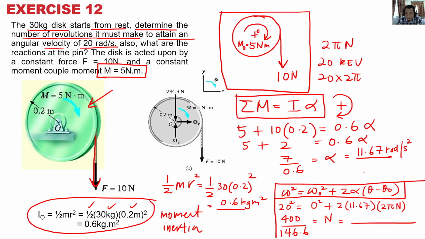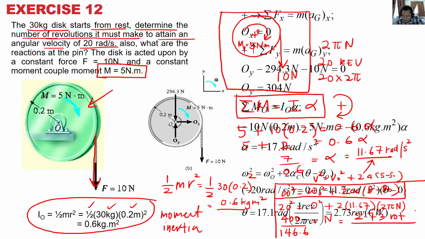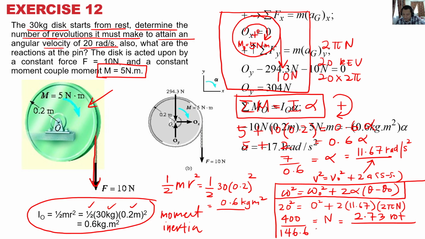Alpha is 11.67. This formula comes from v squared equals v naught squared plus 2a(s minus s naught). Correct. 400 divided by the answer is 2.73 revolutions. Yeah, this is a problem.